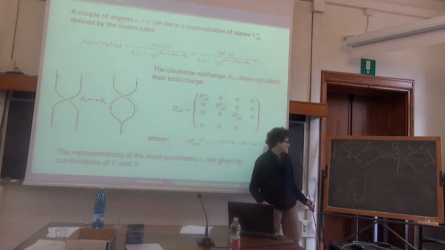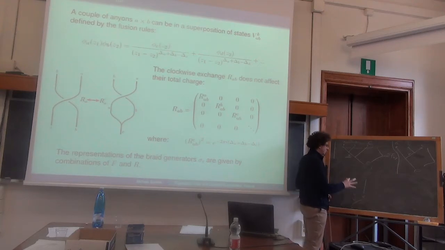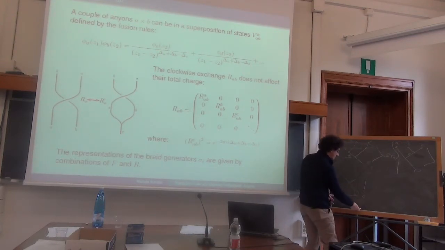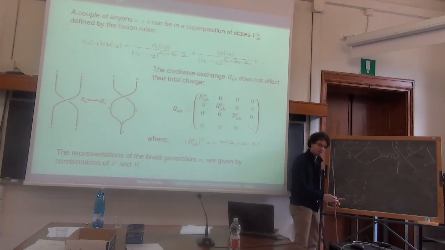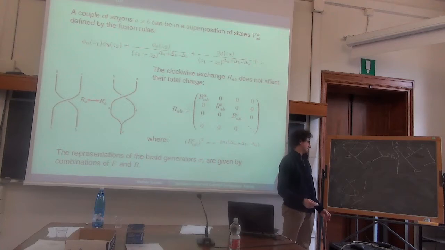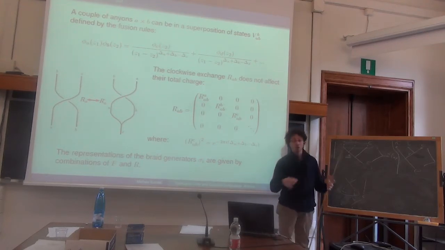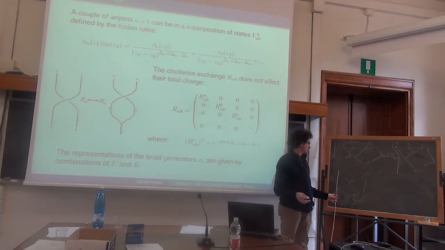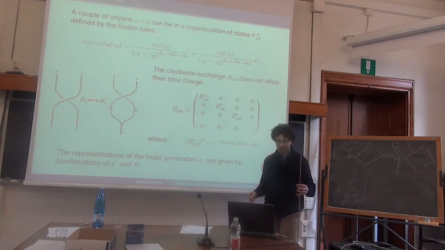But unfortunately, if I choose a basis, R of A and B will be diagonal, whereas this new exchange will not be diagonal in this basis. So I have to use these F matrices to represent all the generators of the braid group in a common basis, essentially.